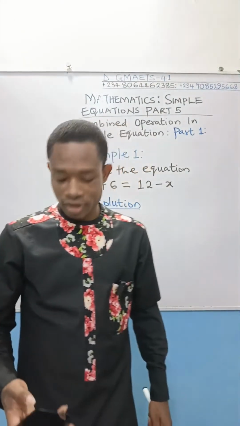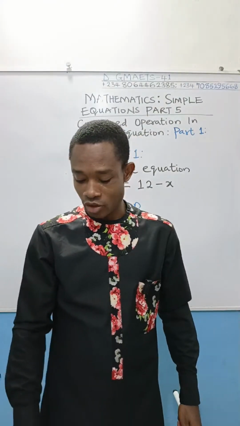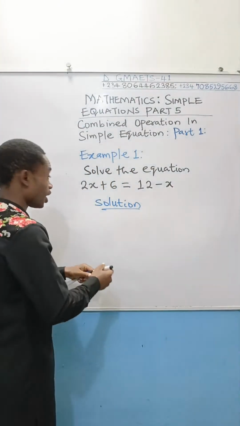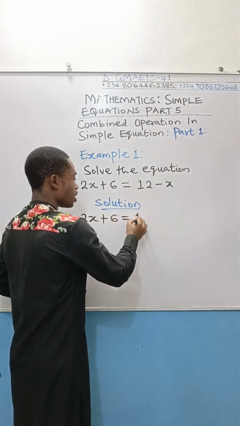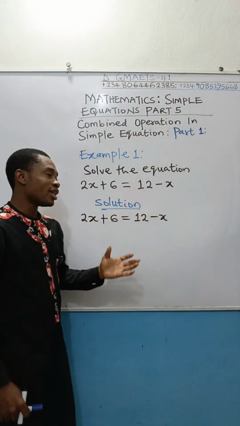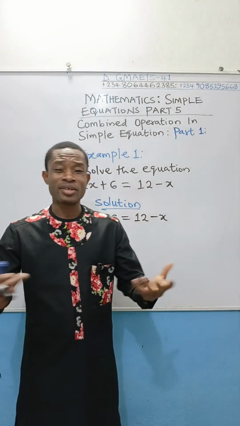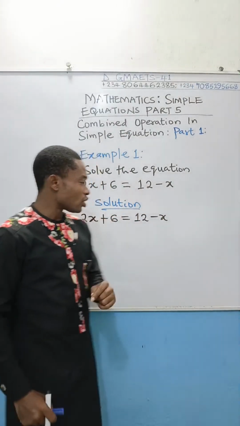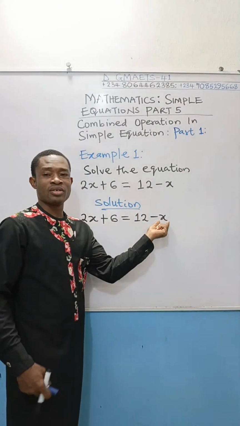So we have this problem on the board, and of course, whenever you have a problem, you're expected to find a solution to it. So what do we do here? Like I've always told you, you bring down your question when you are solving so that your teacher will know what you are solving. Now, if you look at this particular question, you will agree with me that we have plus there, we have minus, as a mathematical operation. You will notice that here we have an unknown x, here we also have an unknown x.